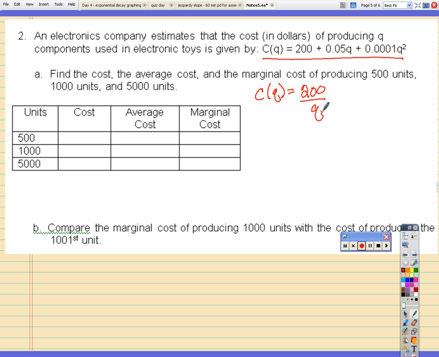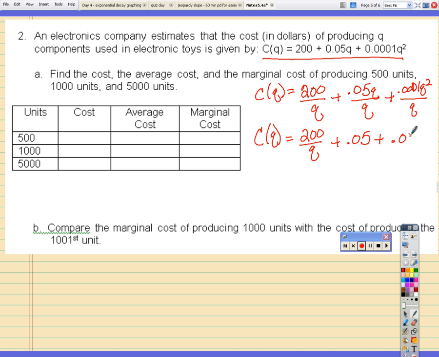I'm going to take each term of our cost and divide it by Q. So the average cost is 200 over Q plus 0.05 plus 0.001 Q. These Q's cancel, the Q squared and the Q on the denominator cancel there.